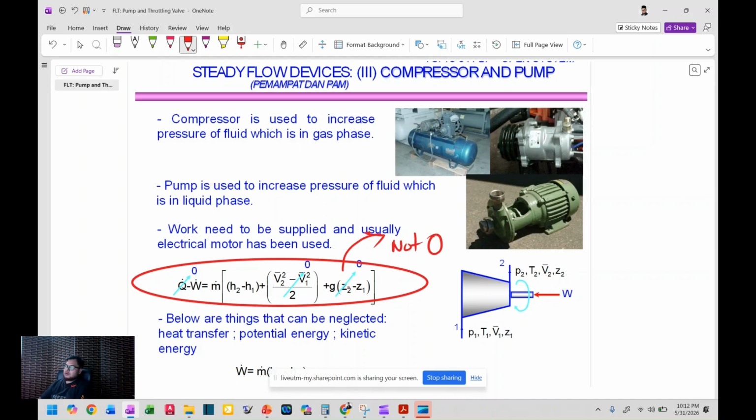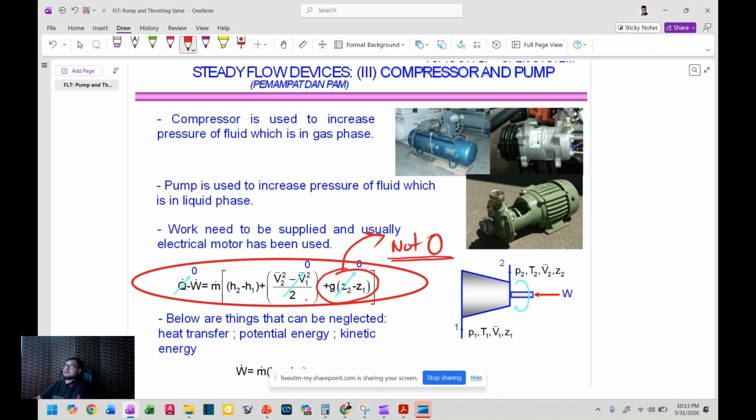So that's why I say it's not zero. It's not because the value is negligible, but rather, in most cases, information on the height where the water is being pumped from is going to be available. So you may use that information and utilize this potential energy term on the right hand side. For the kinetic energy, you can neglect it also, but sometimes information is given, so you must know how to handle the calculations of kinetic energy.